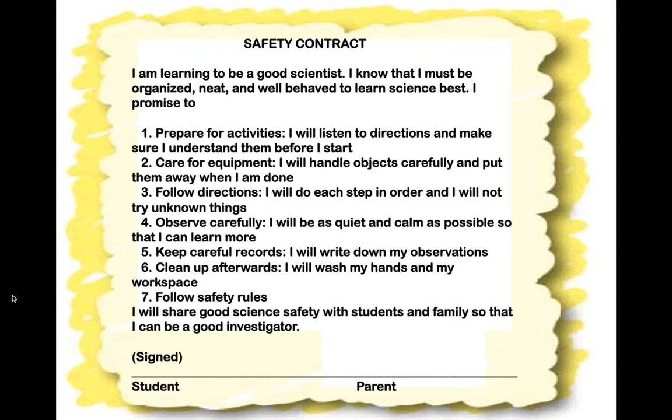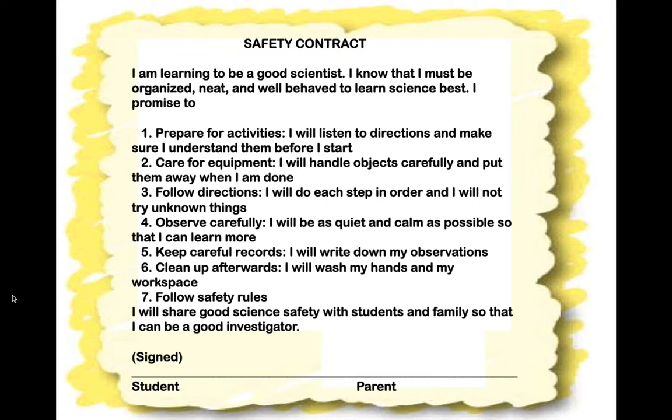Also, you can do some safety contract. This is just an example. I'm going to be a good scientist. I know that I must be organized, neat, and well behaved to learn science best. I promise to prepare for activities. I will listen to directions and make sure I understand them before I start. 2. Care for equipment.